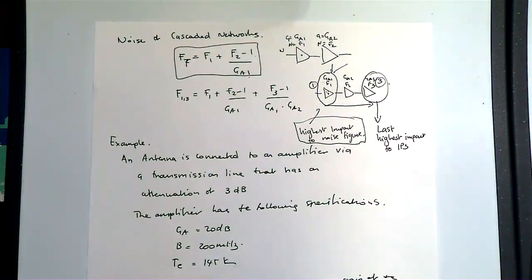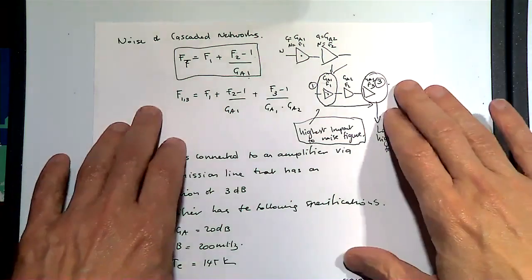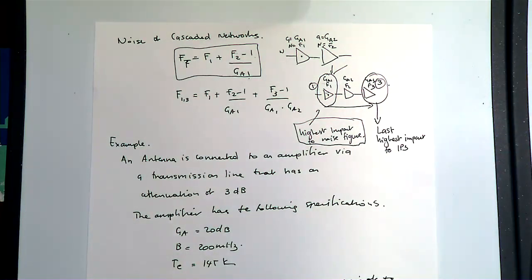Fantastic. Now, the next thing that we talked about, and this is important, is how you work out the equivalent noise figure for a cascade of elements, right? This is absolutely critical when you're trying to determine the performance of some kind of transceiver that you might be designing or producing.